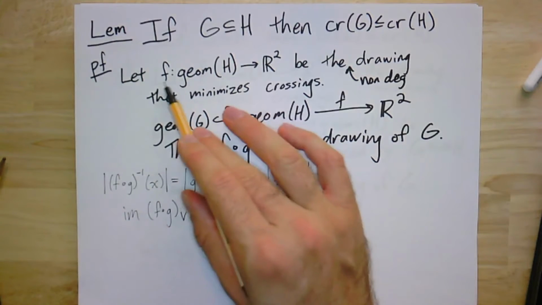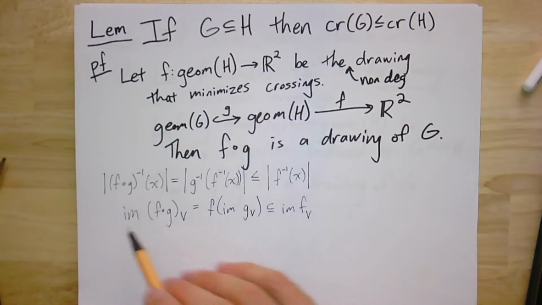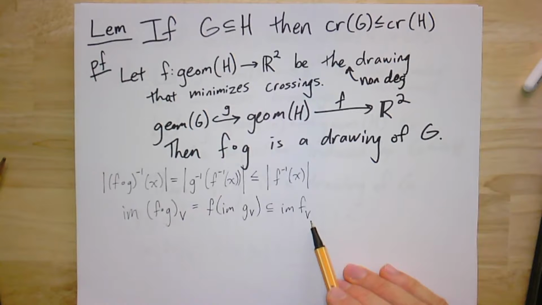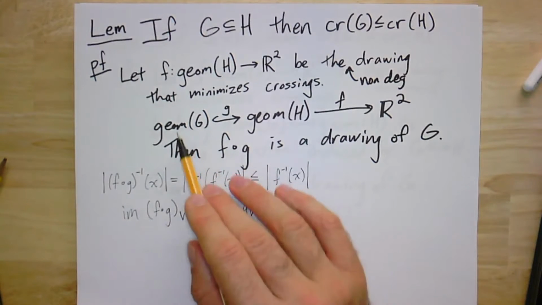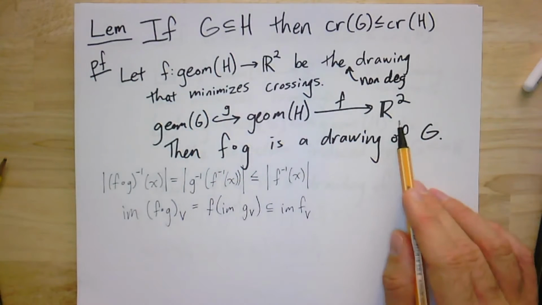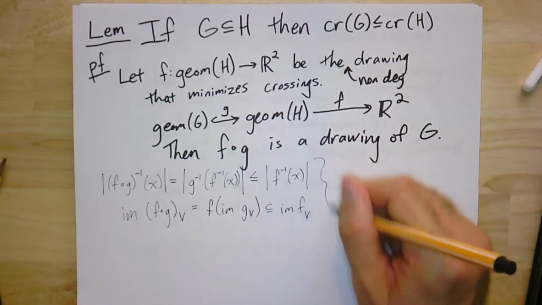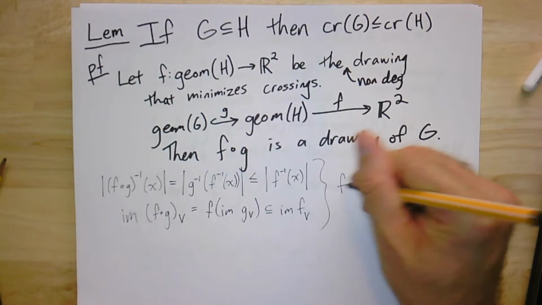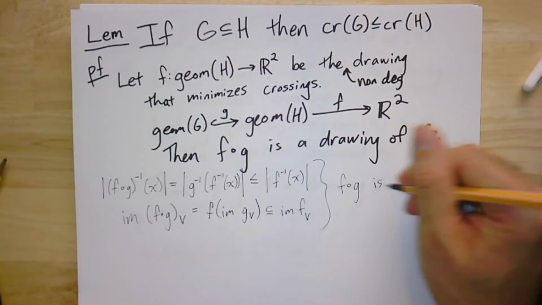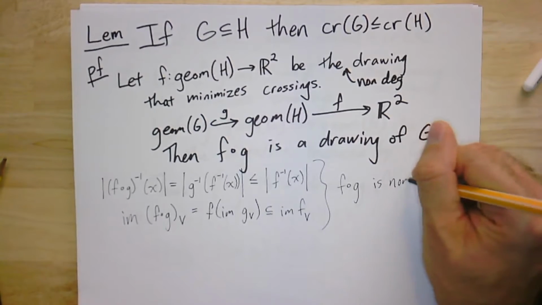Right? So the drawing we started with of H. And this is really just our way of expressing clearly that when you take this composition, this drawing of G that goes from little g through F, that all the vertices land on the same points where vertices landed from H. And so from these two facts, it's pretty easy to check now that F compose g is itself non-degenerate.